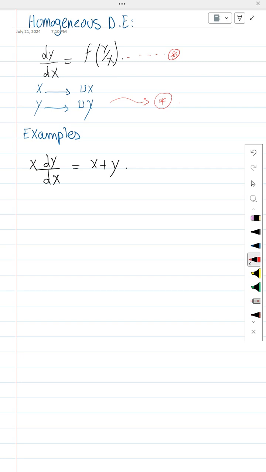Let's try to replace x by tx and y by ty, and see what happens. We get tx dy over dx is equal to tx plus ty.